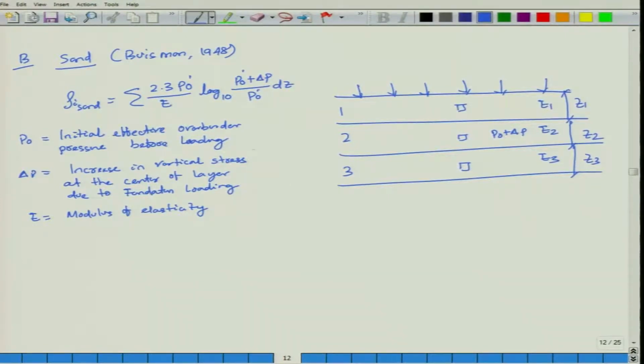Delta P is your increase in vertical stress at the center of the layer due to foundation loading. This is from the part on stress in soil mass, Boussinesq's theory, and the stress at the center of circular loaded, rectangular loaded, and point load areas. This will be discussed after this settlement analysis.